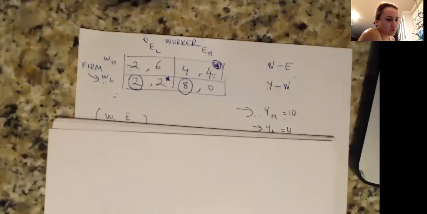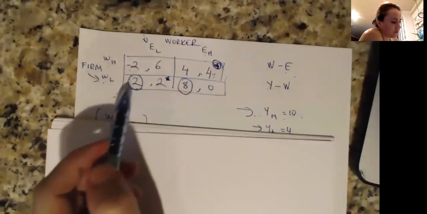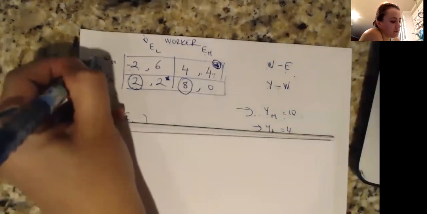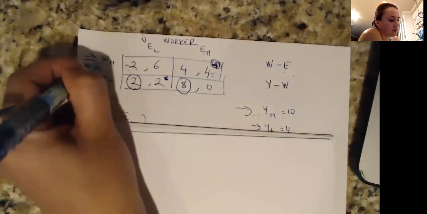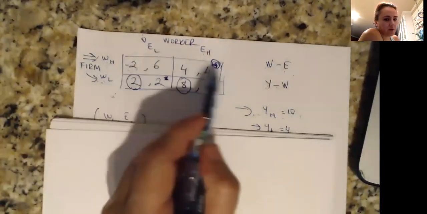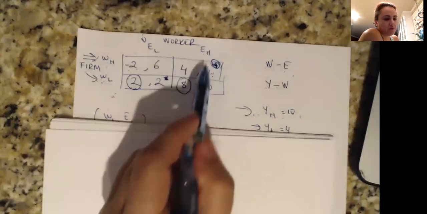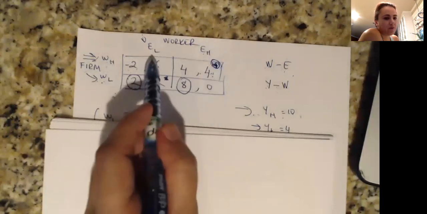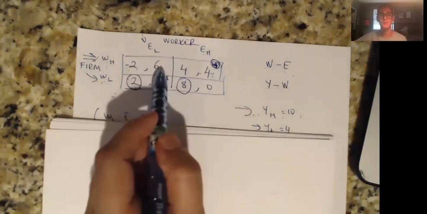So let's look at the payoff matrix. The firm in the first period is choosing high wage, and you are supposed to play high effort, but instead you play low effort. How come to start anyway, they're playing high wage if the Nash equilibrium is low wage?